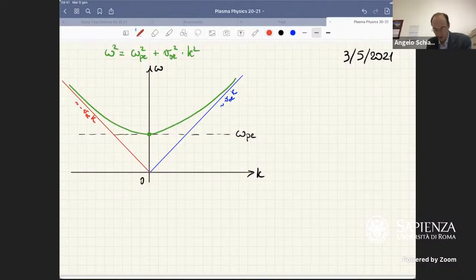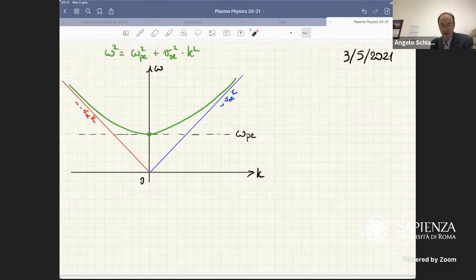For very short wavelengths, so for very high k numbers, we see that the dispersion relation becomes a straight line. So this is the non-dispersive part of the spectrum. So we see that at very short wavelengths, the plasma is not dispersing, so the wave packet can propagate in the plasma without any dispersion and distortion.